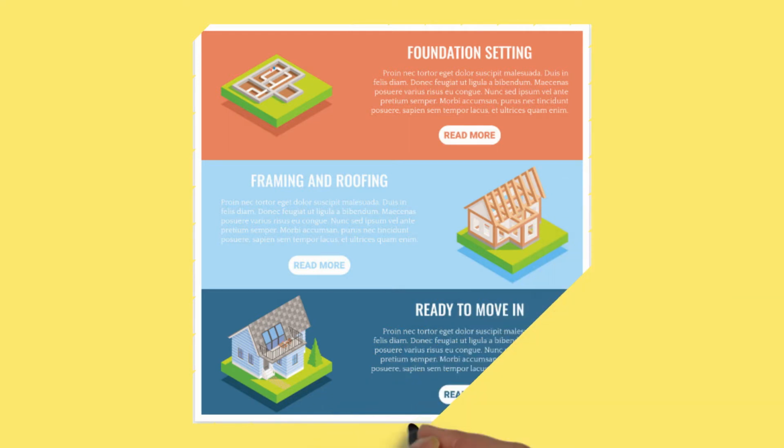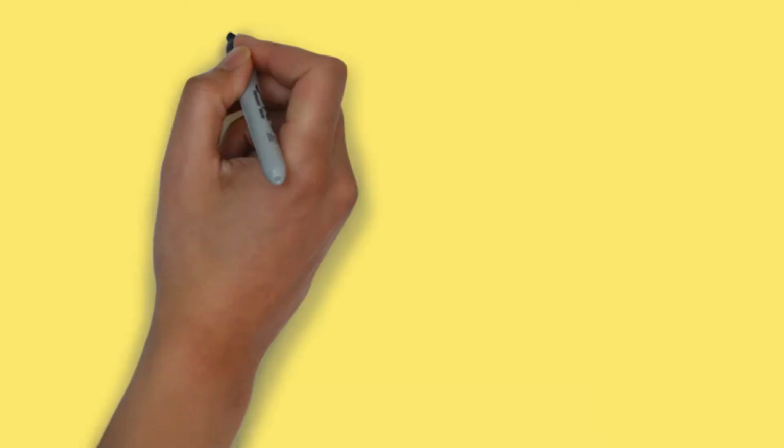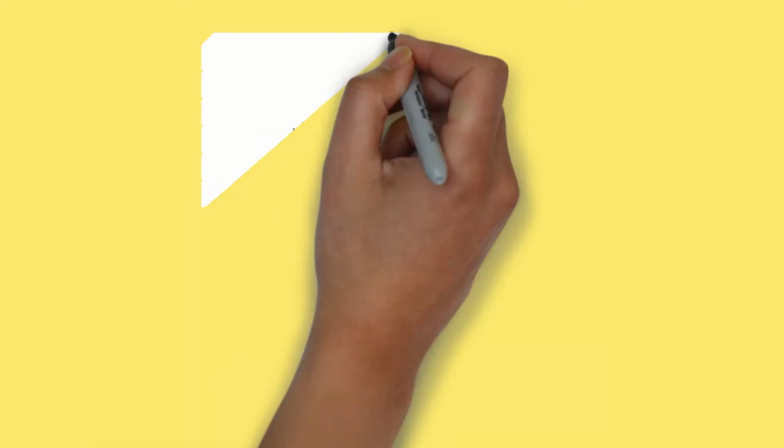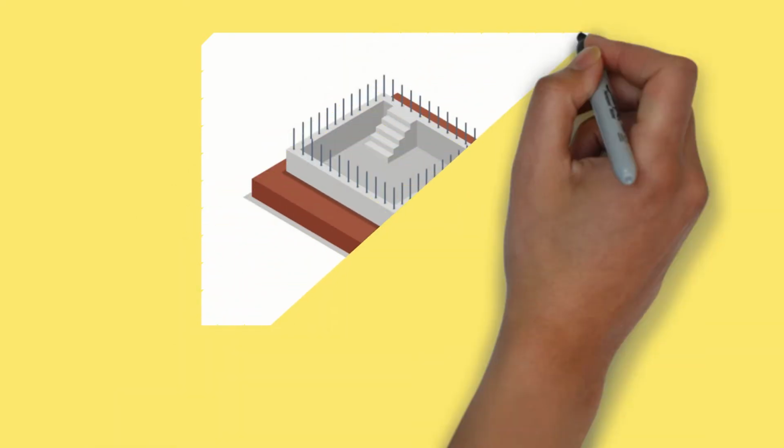I'll be integrating both side by side so that you can easily understand how the software framework works in this place. The framing and roofing part will be taken as the software. The first part is the foundation, the base setting, where we set the base of a house.